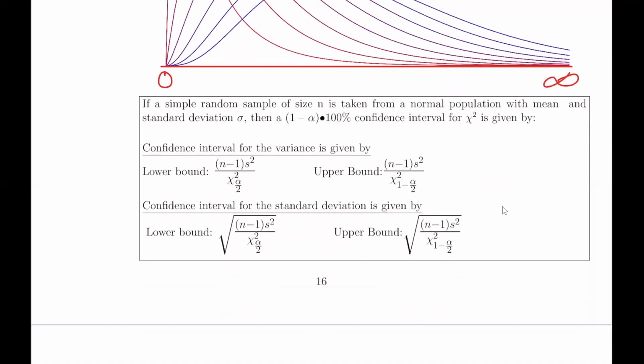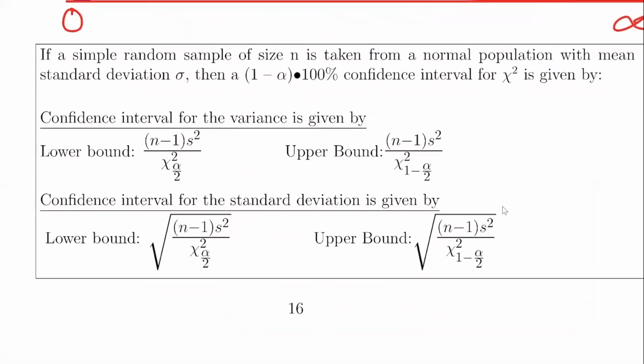All right, so let's go ahead and look at the formula. For this one, the point of estimate is still going to be S. If I don't know what the standard deviation of the population is, my point of estimate is going to be equal to S. Since we're trying to estimate what the population standard deviation is, the best point of estimate for that will be the sample standard deviation.